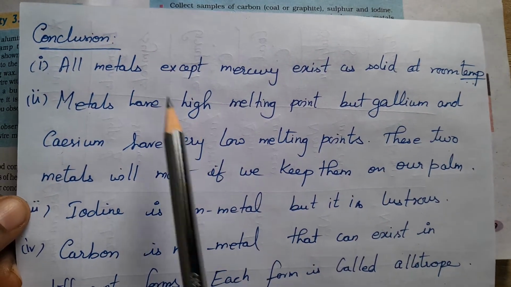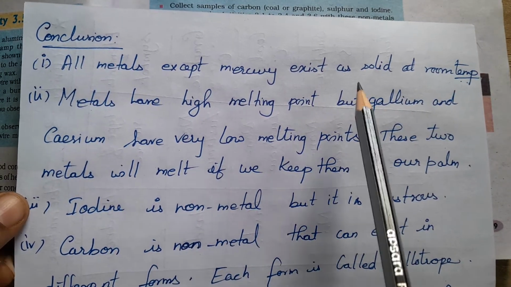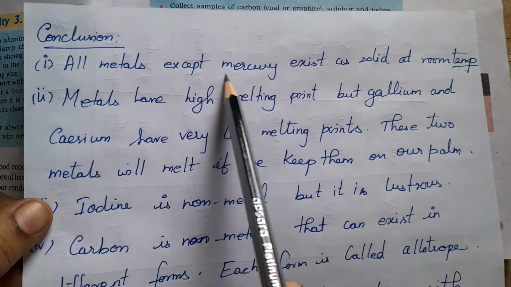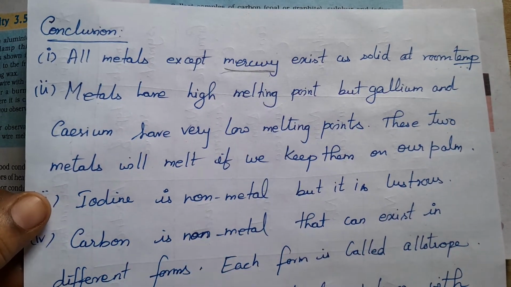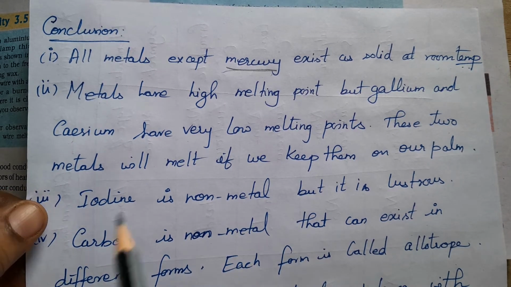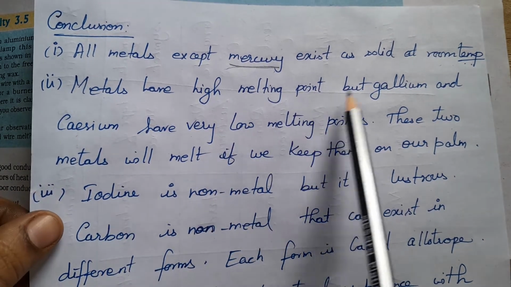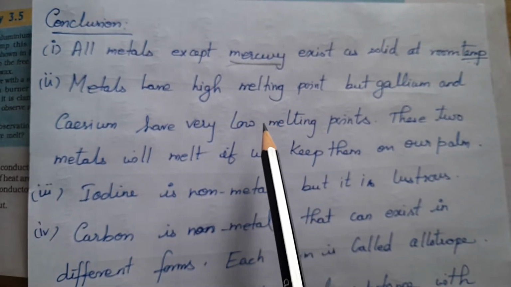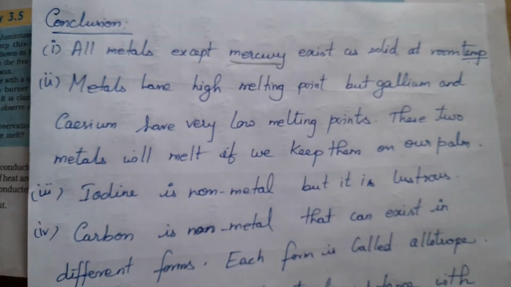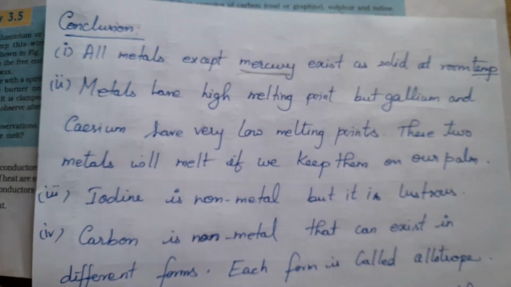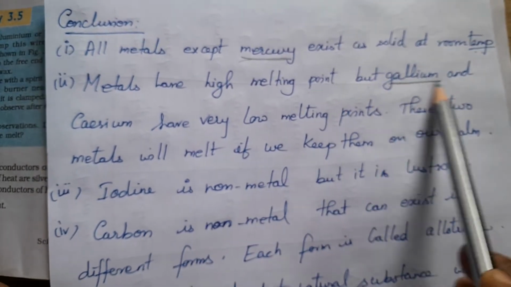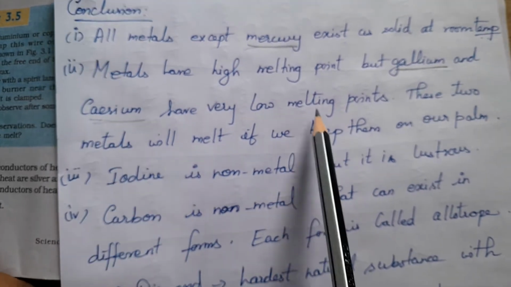Most of the metals are solid at room temperature, but mercury is liquid at room temperature. And metals usually have a high melting point. We have seen this in activity 3.5. When you heat this wire, it will not melt, right? It has a high melting point. But gallium and cesium have a very low melting point.